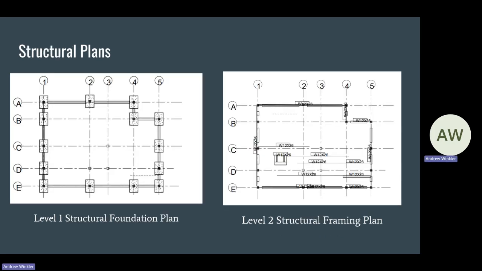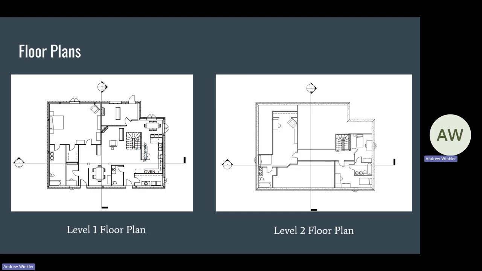So here are my structural plans. As you can see right here, this is our level 1 structural foundation plan. You can see the slabs and the walls that are meant to support our house. And here are the support columns, or these are more architectural, honestly. But no, these are support columns because they support right here where we go upstairs, and this area right here is just a loft over the living room that you can find right here.